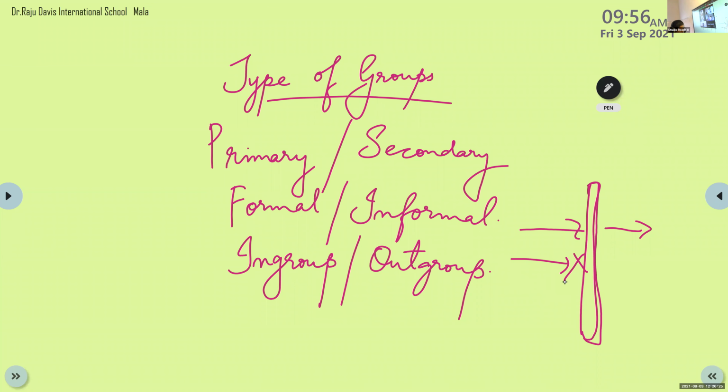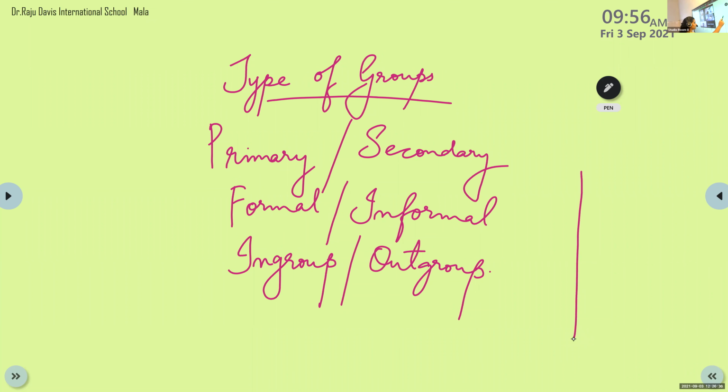Okay, now read that sentence once more. In primary group, boundaries are less permeable. Boundaries are less permeable means, like, we are talking about primary group. So let's take an example of a family, maybe your family. Now, here all the members of the family are present.